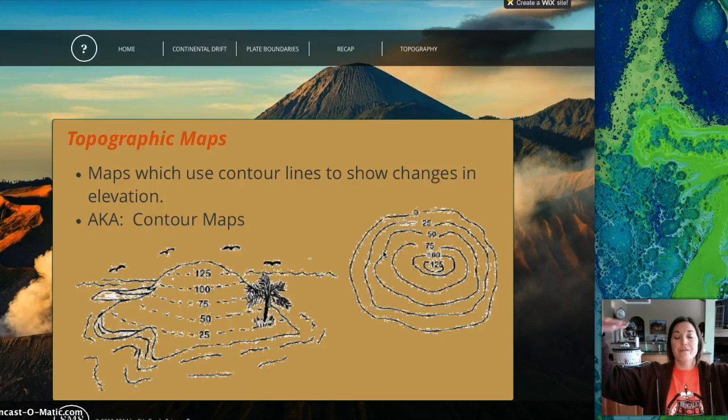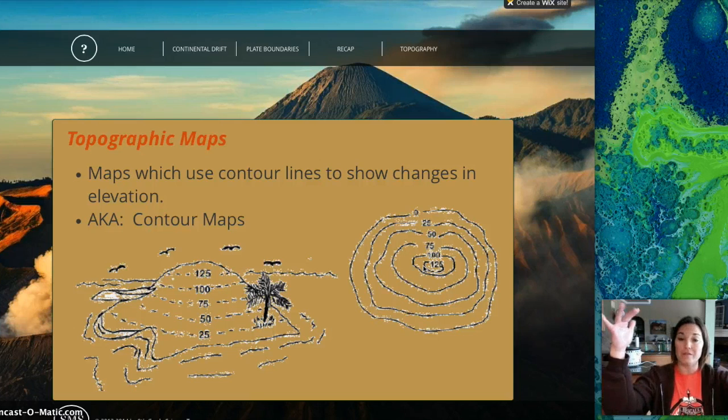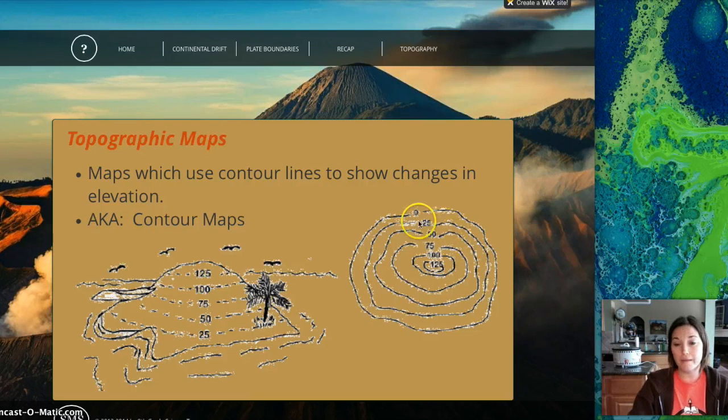So we are at 50 feet now above sea level. And then another 25 feet when you go to the next line. So we're at 75 feet above sea level. And then 100 feet above sea level. And then finally the last contour line here is 125 feet above sea level. So every time you see a contour line, the elevation has changed by 25 feet.